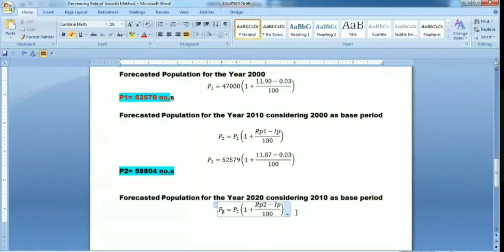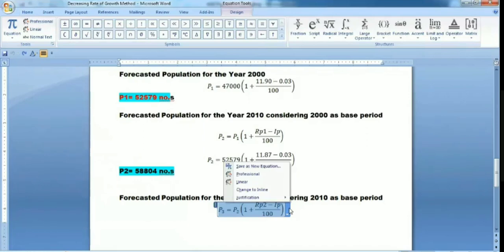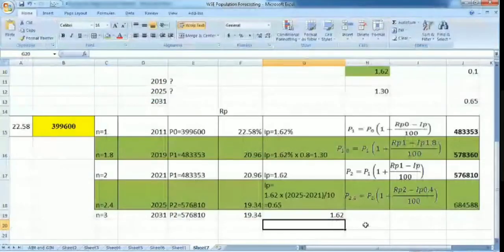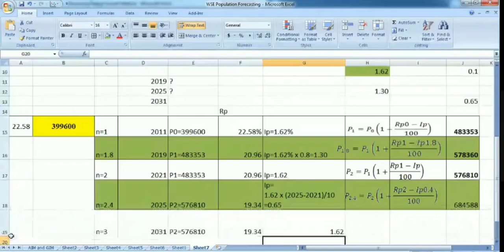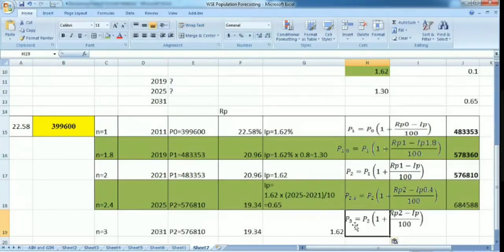That is P3 now. P3 is equal to P2 multiplied by, in bracket, 1 plus RP2 minus IP divided by 100, bracket complete.